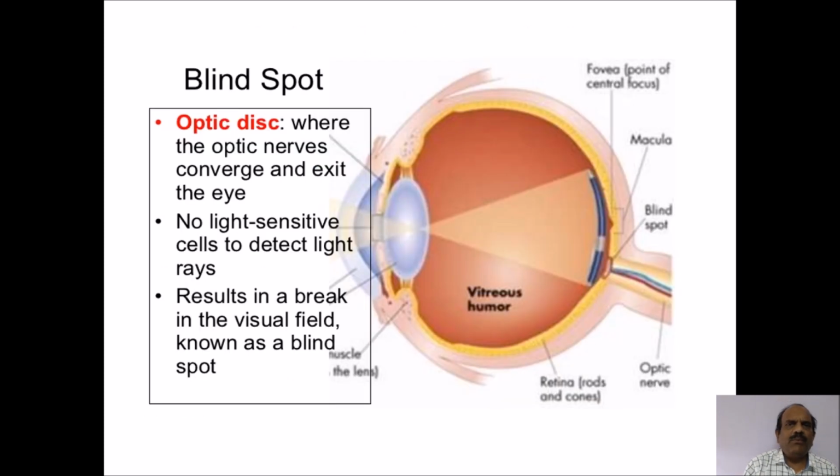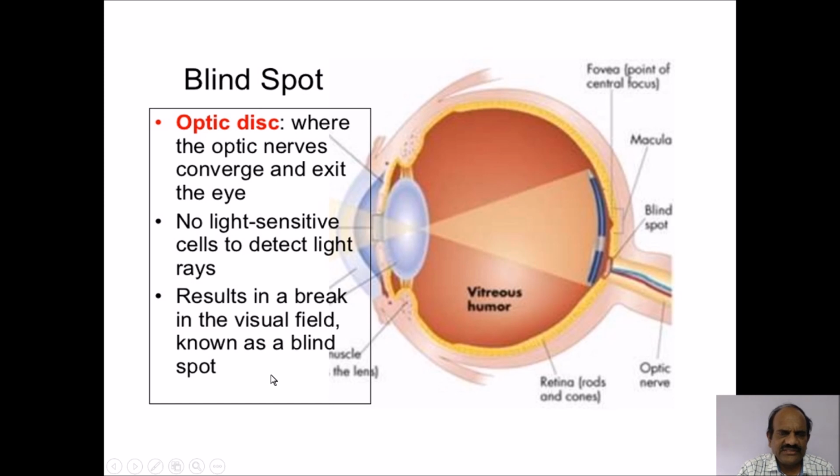Now coming to one important aspect that we come across all the time. What is this blind spot? The blind spot is also called the optic disc, where the optic nerves converge and exit the eye. There are no light sensitive cells to detect light rays, which results in a break in the visual field known as the blind spot.